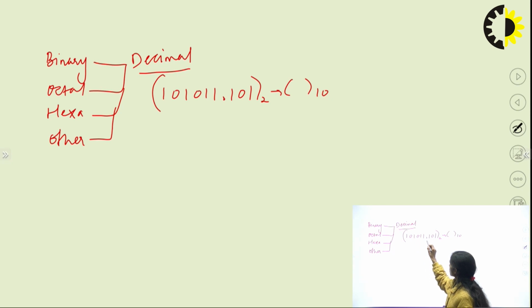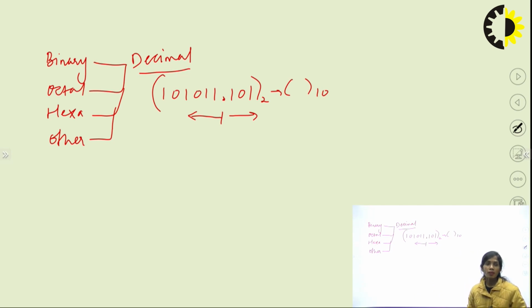The bits or digits are multiplied by their positional weightage. So in this method, for any number system, if we have to convert it into the decimal number system, we have to multiply each digit by its positional weightage.